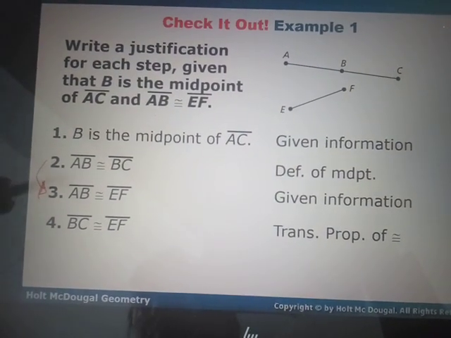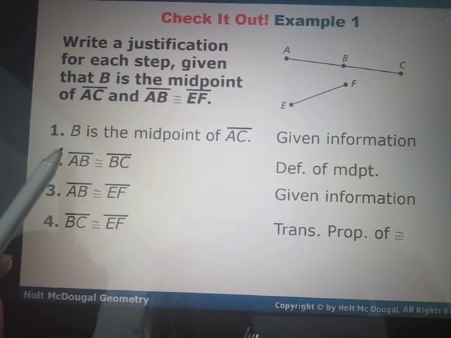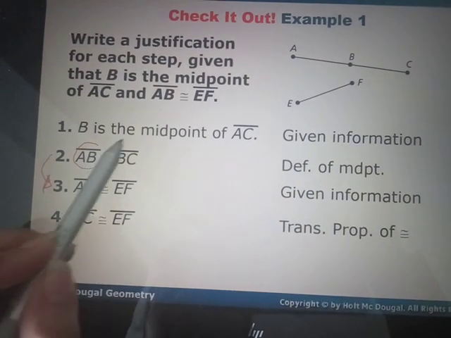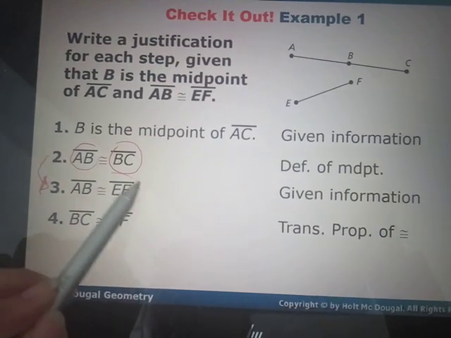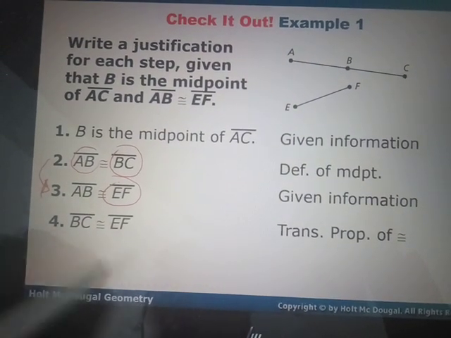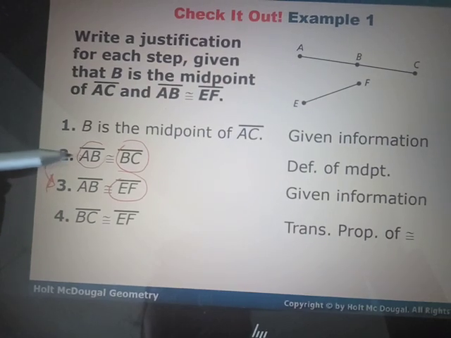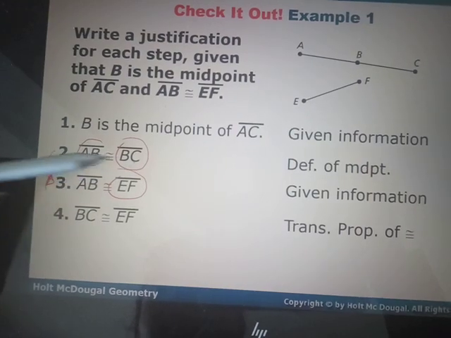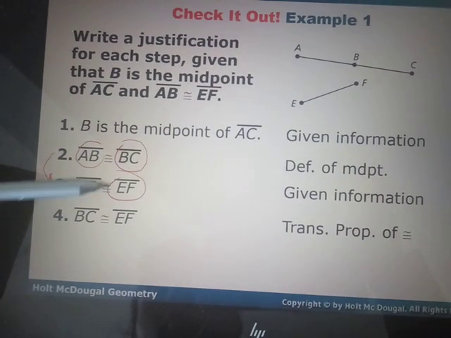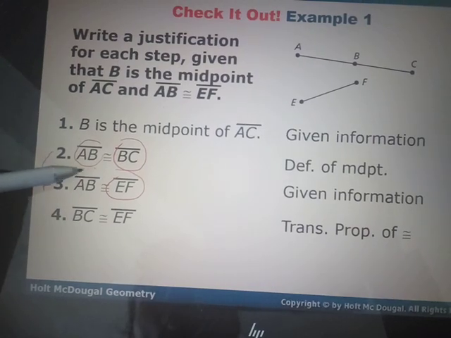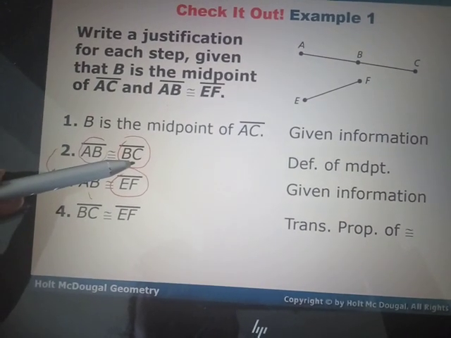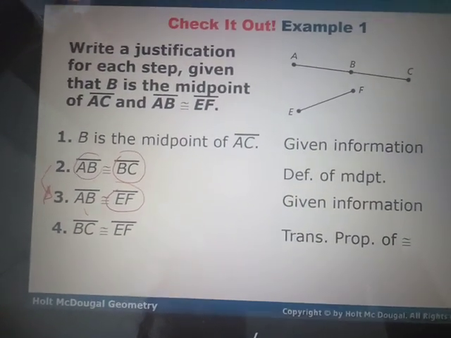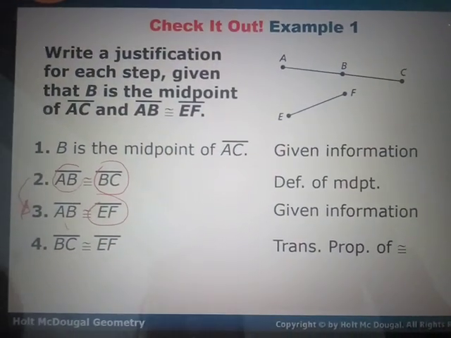Do you remember when we said we have three line segments? We have AB, BC, and EF. The line segment AB is congruent to BC, and AB is congruent to EF. So the line segment BC is congruent to EF. It's the transitive property of congruence. Do you remember this? Excellent.